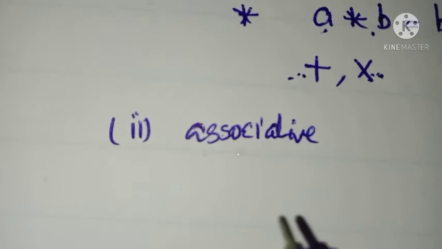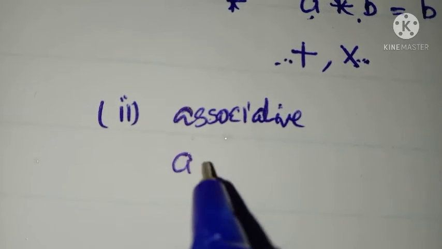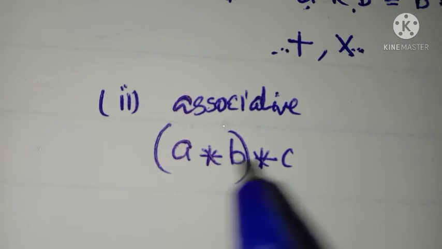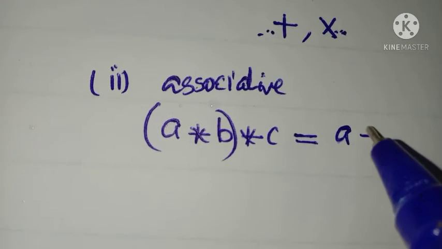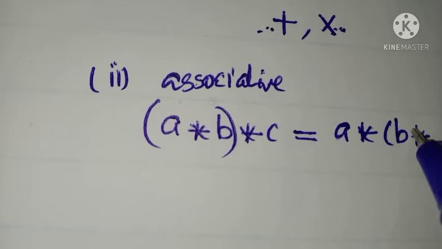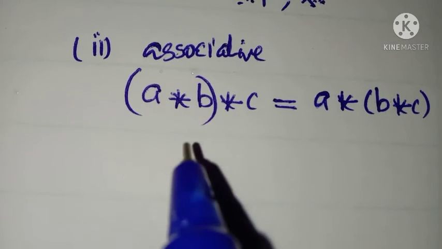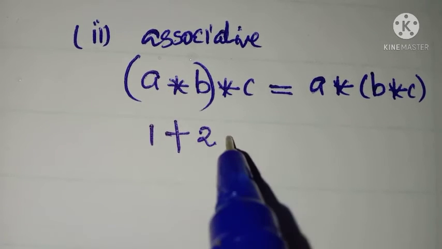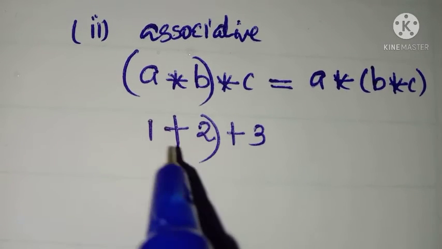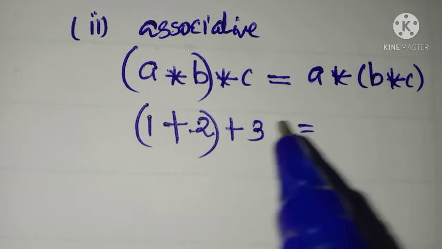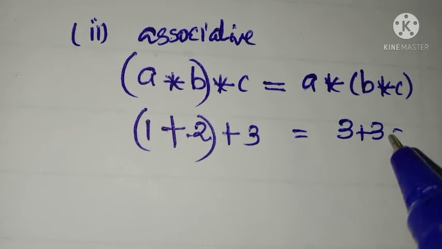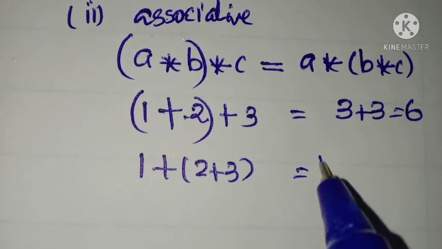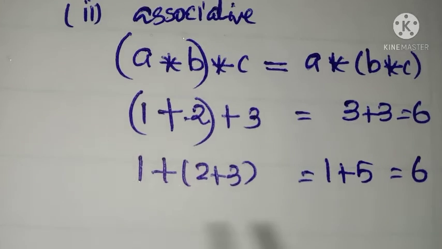Associative property means if we define a star operation on three numbers, then (A star B) star C is equal to A star (B star C). For example, consider the operation addition on three numbers: 1 plus 2 plus 3. Listen, (1 plus 2) plus 3 is the same as 3 plus 3, which is 6, or 1 plus (2 plus 3) gives 1 plus 5, which is equal to 6.